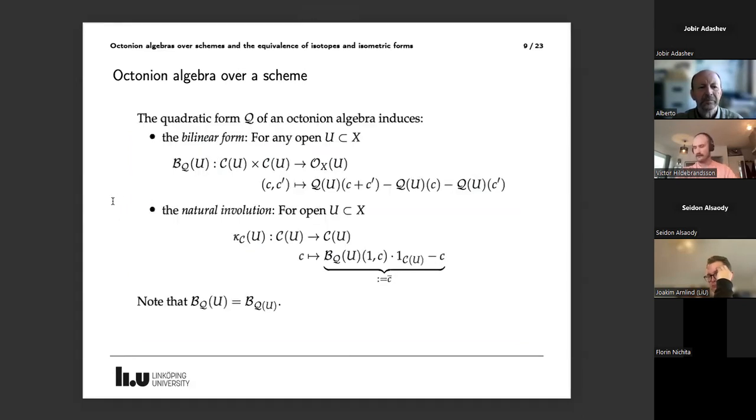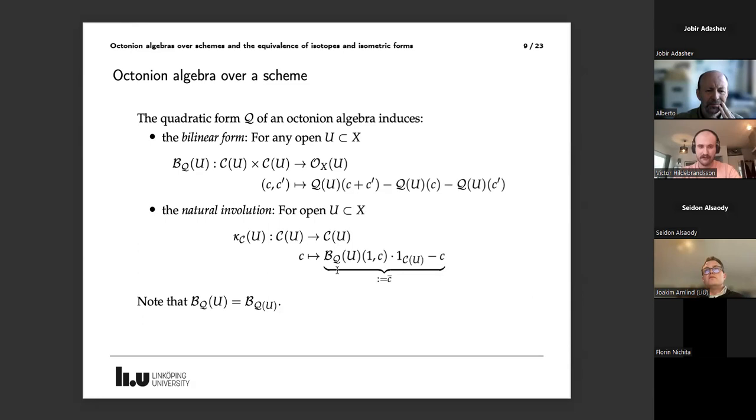So this quadratic form induces two other maps: the bilinear form, which is exactly the bilinear form we saw earlier, and a natural involution, which can also, of course, be done in the ring case.